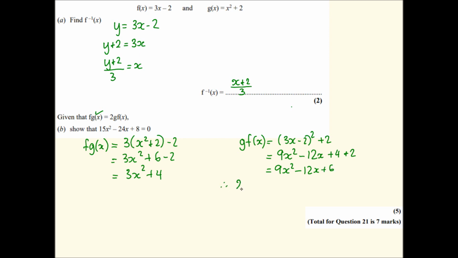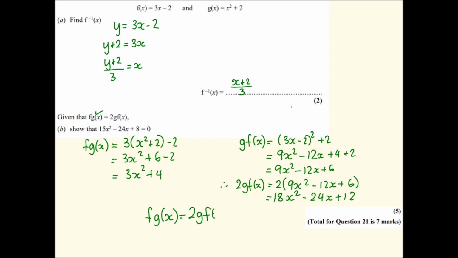So therefore 2g of f of x is 2 lots of 9x squared minus 12x plus 6. So altogether 18x squared minus 24x plus 12. The question tells us that f of g of x is equal to 2g of f of x.